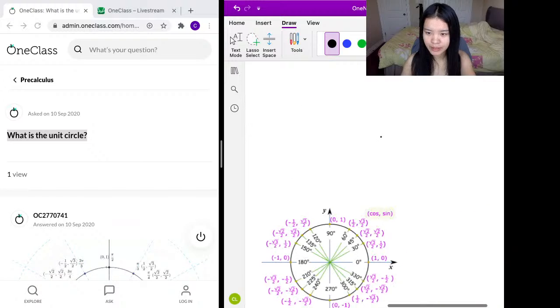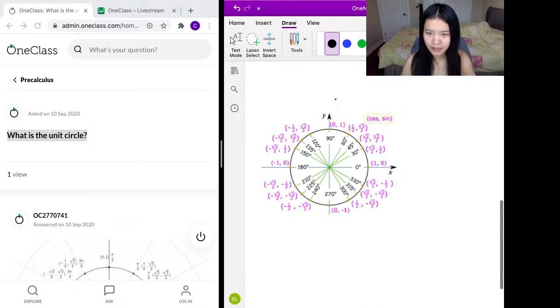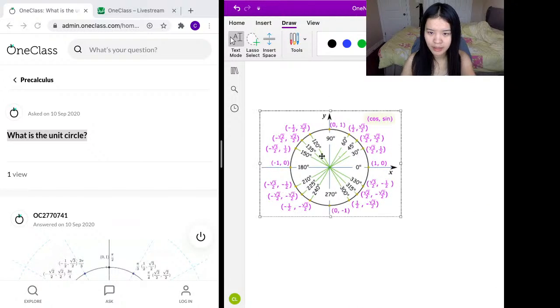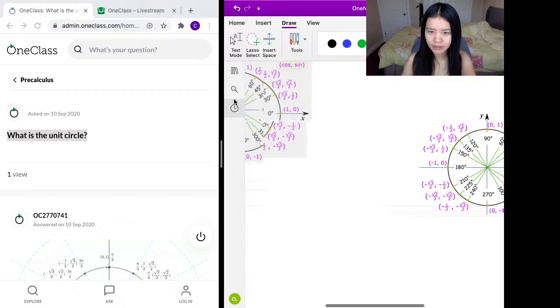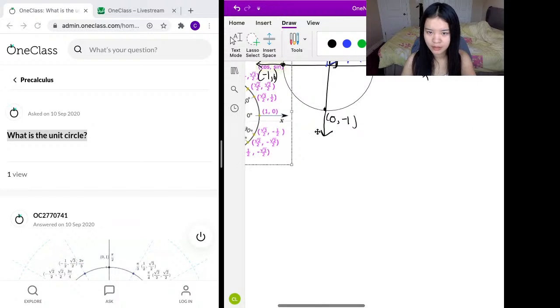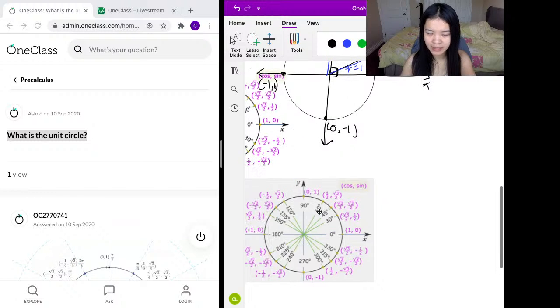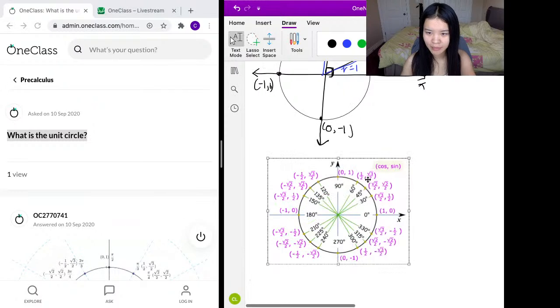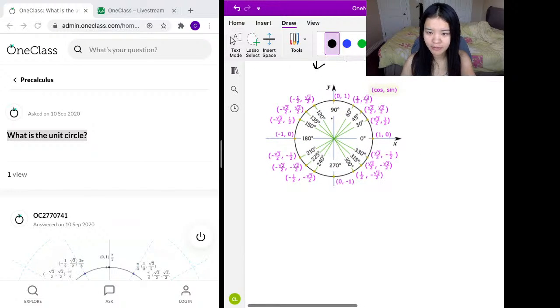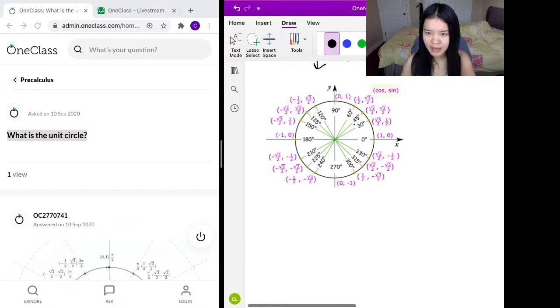I have a full unit circle right over here. Let's move it towards our example. This is the complete unit circle that I pulled from somewhere. For example, you see right over here, if the angle is 90 degrees, the cosine would be 0, the sine would be 1.